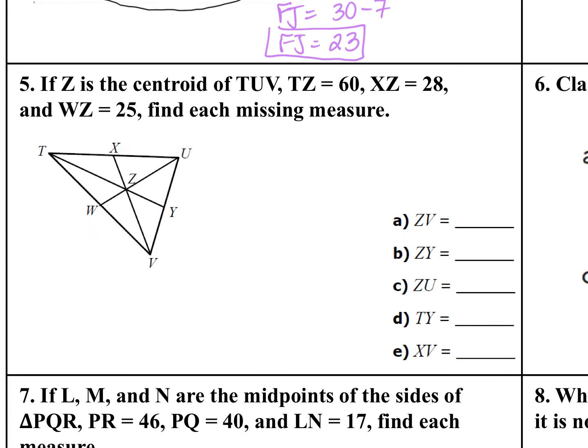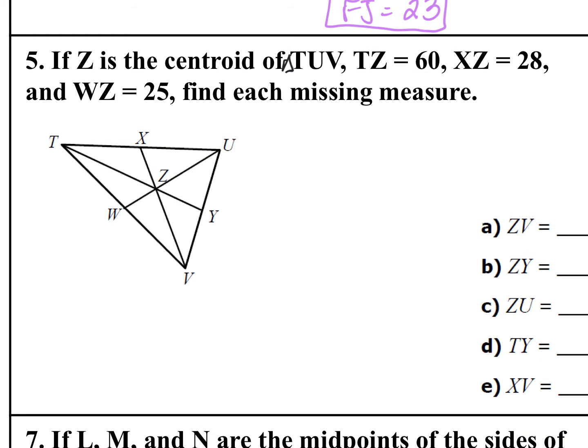Number 5. If Z is the centroid of triangle TUV, TZ equals 60, XZ equals 28, and WZ equals 25. Find each missing measure. All right, so let's go ahead and fill in the information that is given to us here. I know that TZ, that's this part right here, is 60.